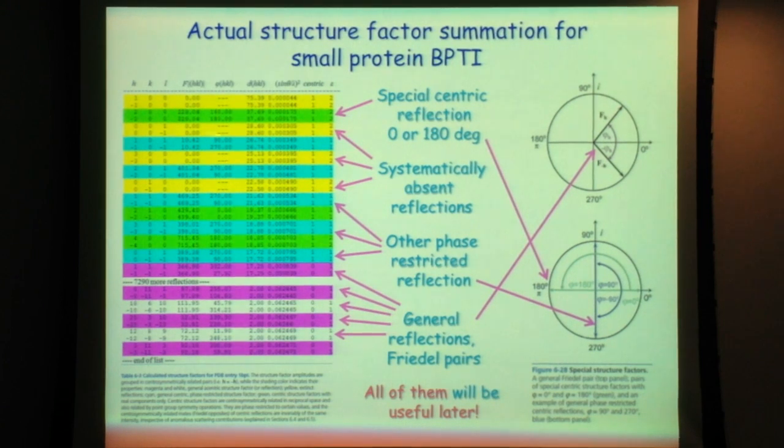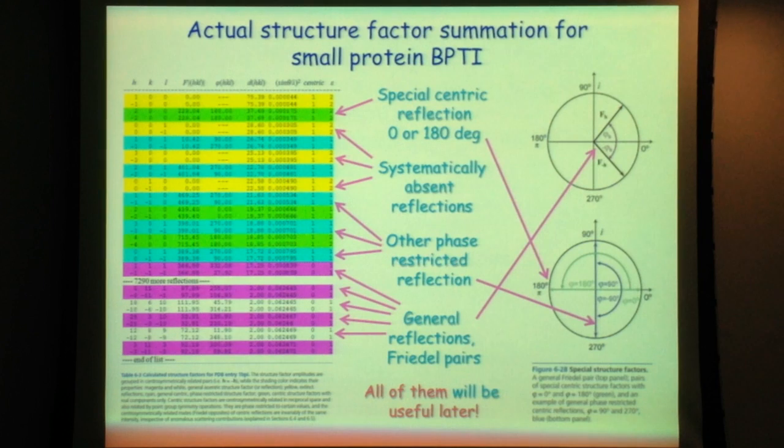The ones highlighted in yellow are what are called systematically absent reflections. I'm pretty sure Eddie will go over this with you guys sometime. The symmetry that's due to, say, a 2 sub 1 axis or 3 sub 2 axis or whatever imposes conditions on the phases such that the magnitude goes to 0. So these are missing reflections.